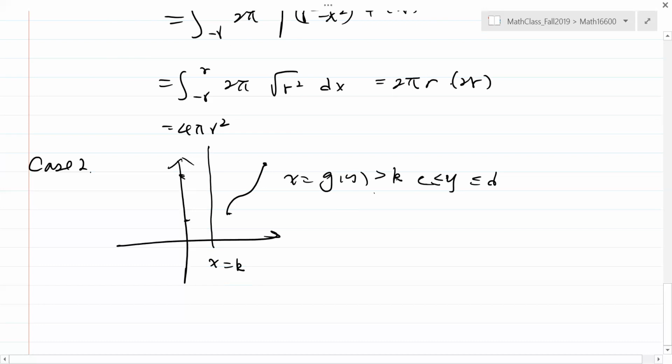That means for any given y, the x value is greater than k. So the graph is on the right side of the vertical line. Now the rotation is about x equals k. So what do you get? You get something like that.